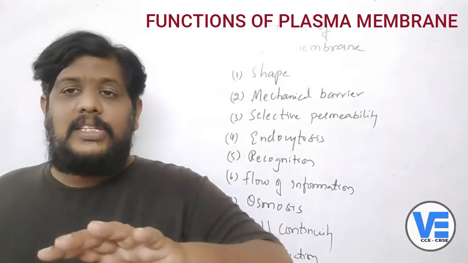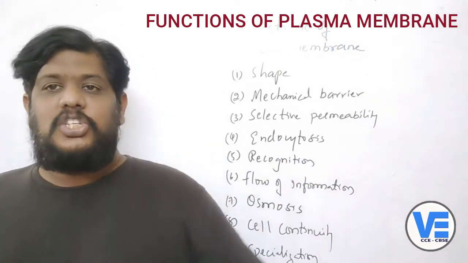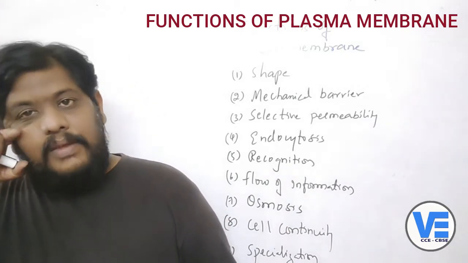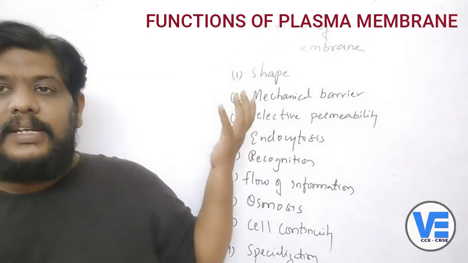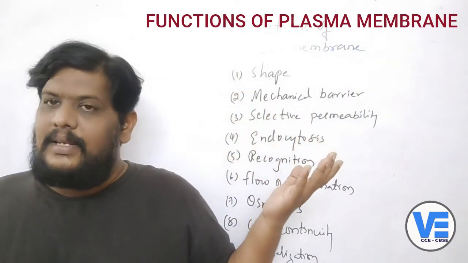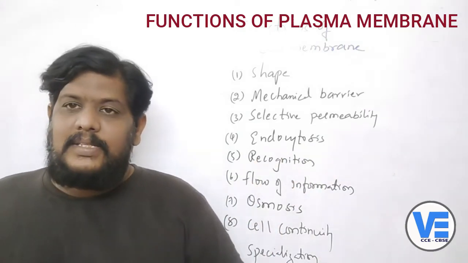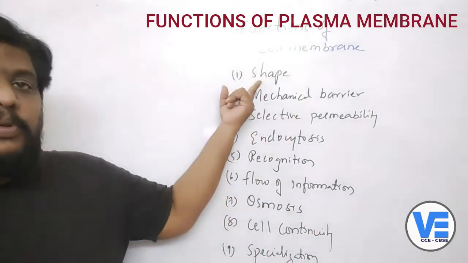Different cells in different tissues have their own shape. So this plasma membrane gives a definite shape to the particular cell. Already we have seen that it is not 2D but 3-dimensional. So it gives a shape to the cell.